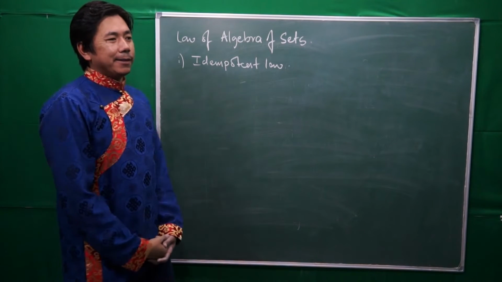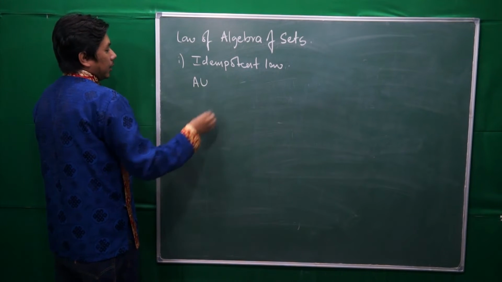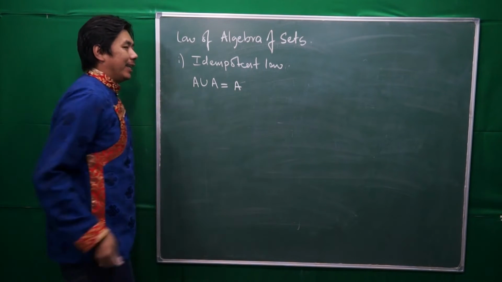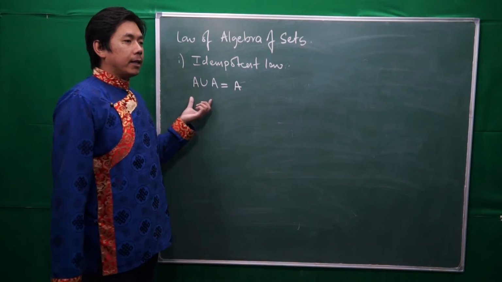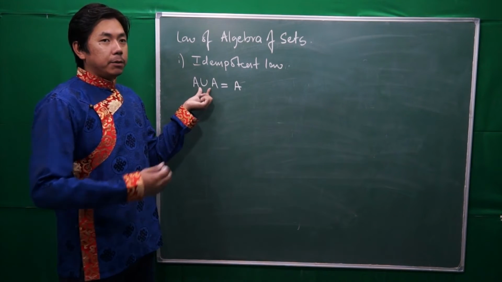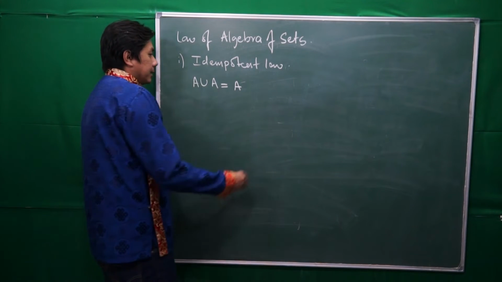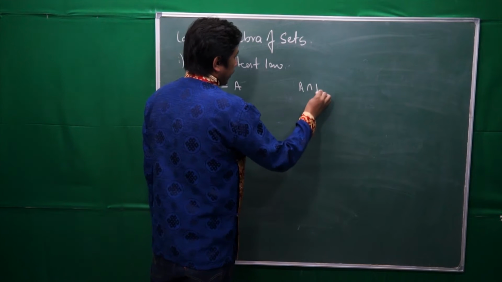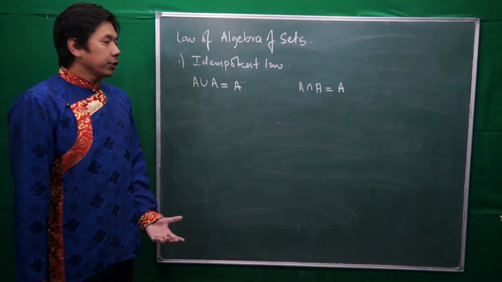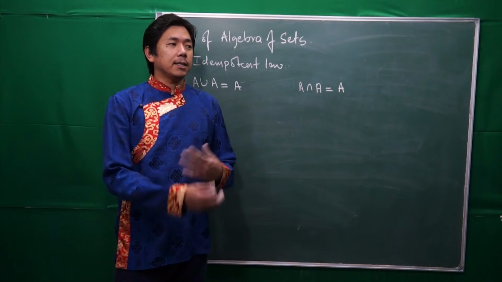In idempotent law, we all know that when A is operated by union with itself, we'll be getting A again. Through Venn diagram we can clearly know that all the elements, when operated by union, will give me the same set. Simple. Similarly, for intersection as well, A intersection A would again give me A. So in case of union and intersection with the same set itself would give me the same set.